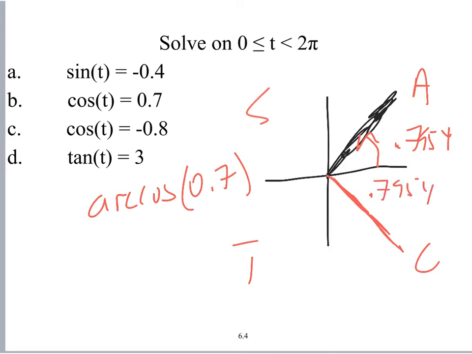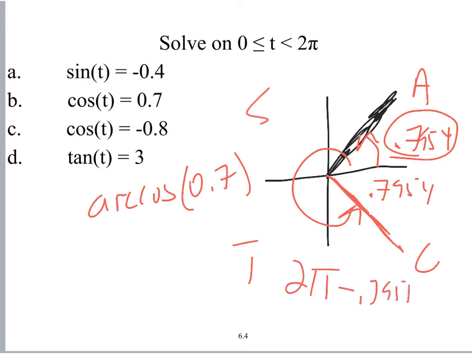Since this is in quadrant 1, that's one of the answers. To get this other angle, I'll have to do 2 pi minus 0.7954. And that will tell me whatever this angle is here. Okay, let's clear this out.